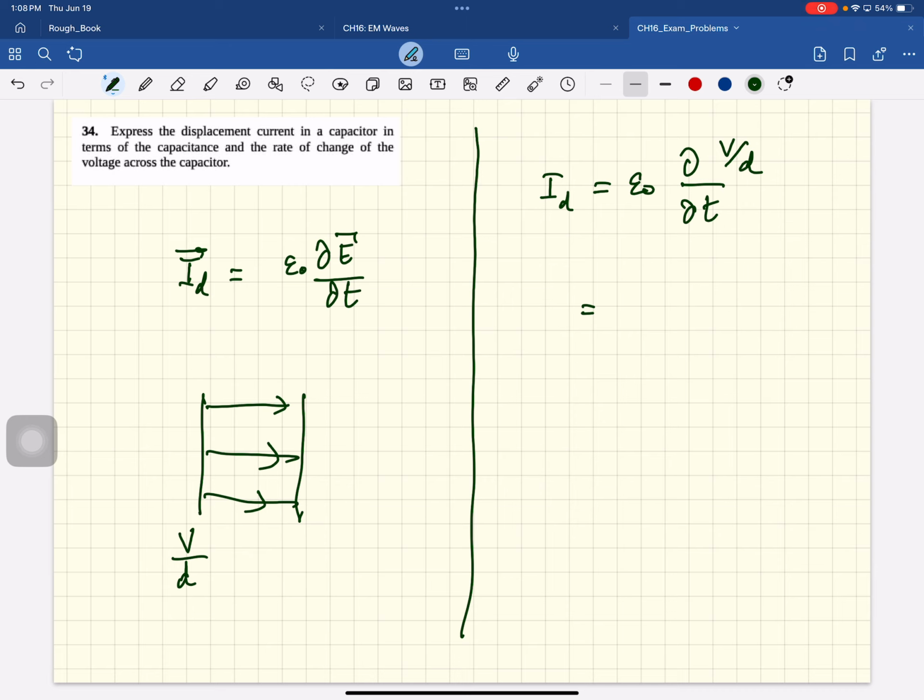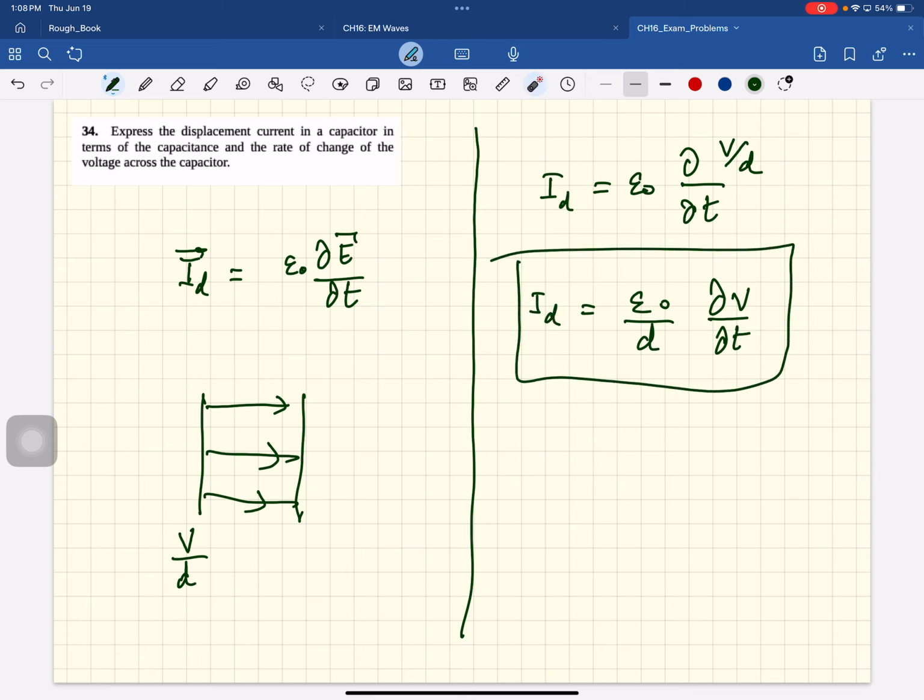And of course the plate distance d is the distance between the plates, and that's not changing. So rate of change of the voltage across the capacitor. So the displacement current is epsilon naught divided by d times del V by del t.